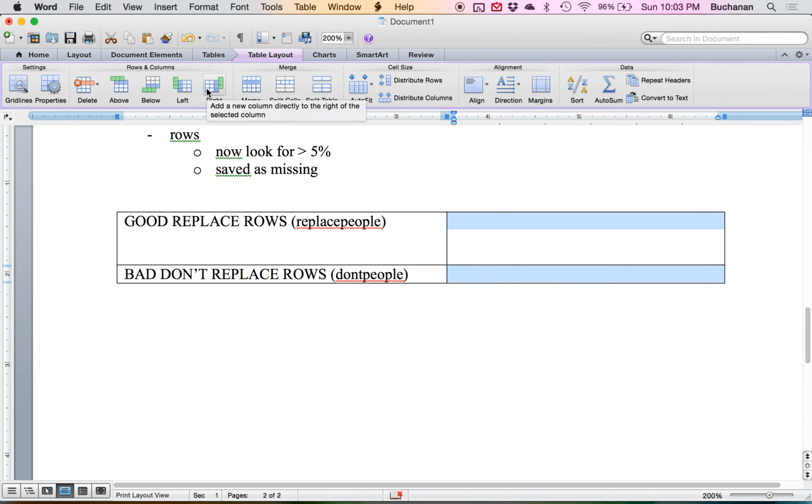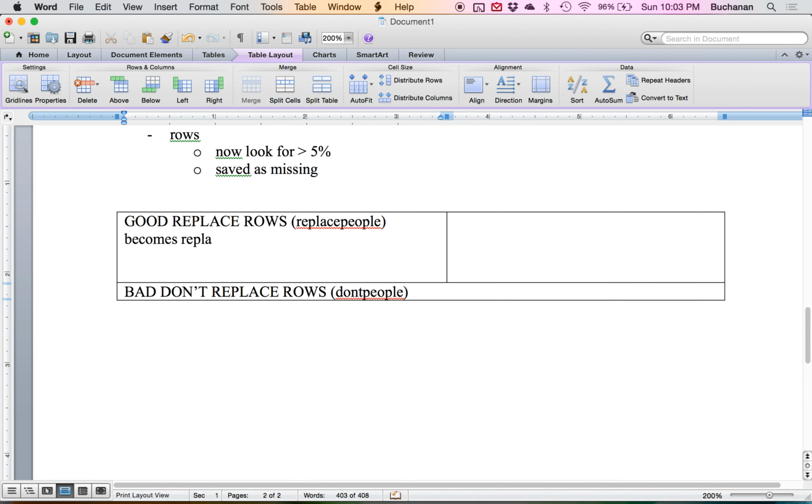And I'm going to break this in half. So just this pin. And so this now becomes replace column, and this one becomes don't column. Okay. So these are columns over here that are categorical or too much data. Okay. And so this is now only the rows that you can replace, less than 5% column and row.